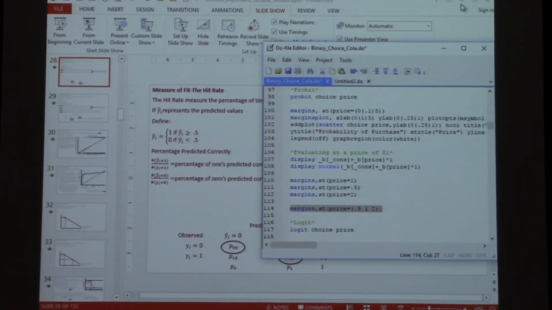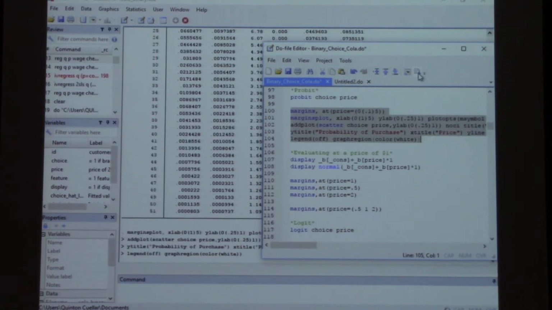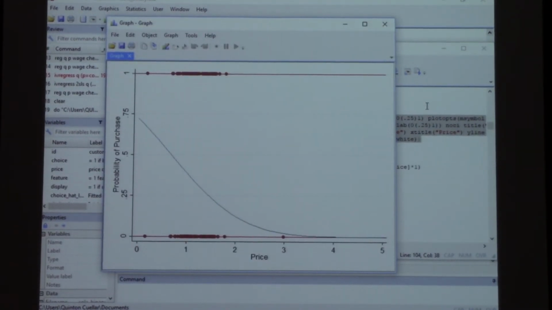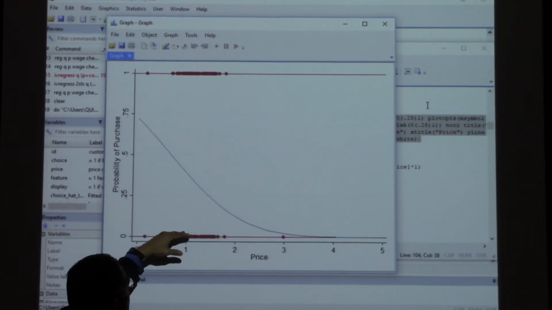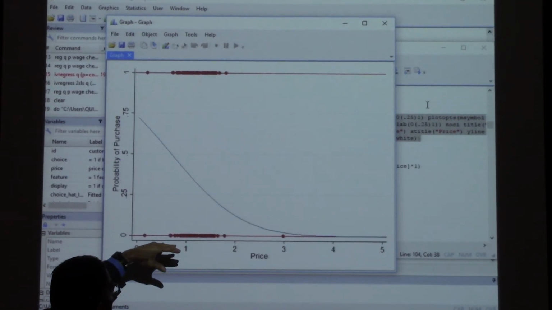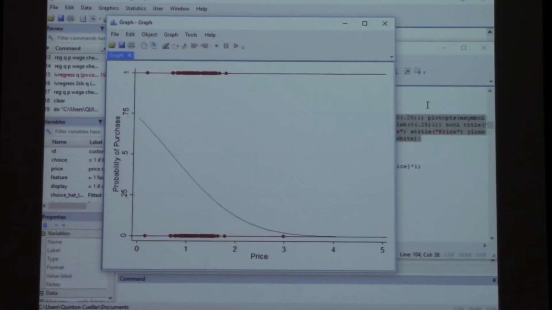All right, so what are we going to do? Let's go back to our graph. We know that our probit is going to create these predicted probabilities. Remember, the data is literally zeros and ones, but from those zeros and ones, we're going to construct these predicted probabilities. That's what that function literally is.